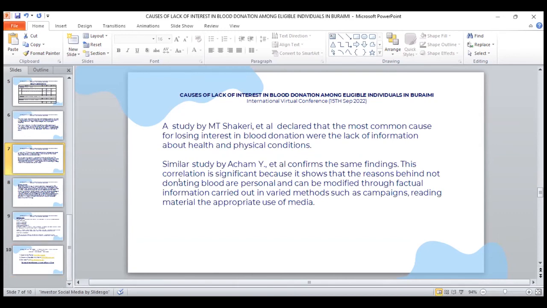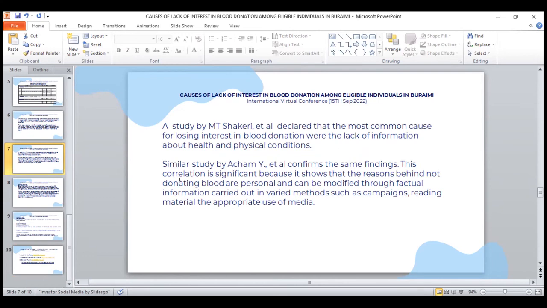We did a benchmarking on 2 studies, by Shakiri and by Akam, wherein they also found that misinformation, explanation, and the benefits and less harm of blood donation are not explained to the respondents.